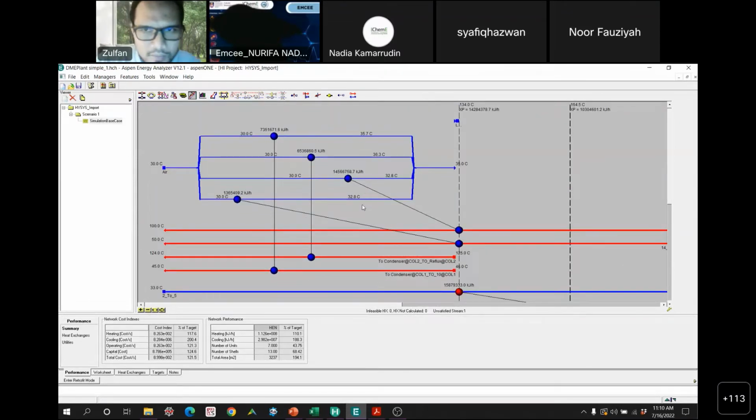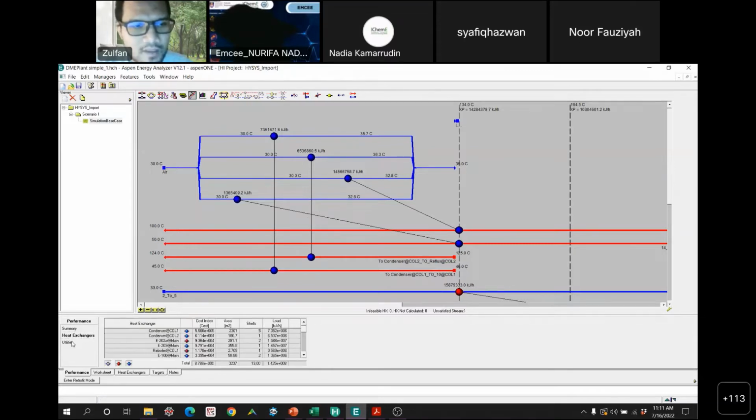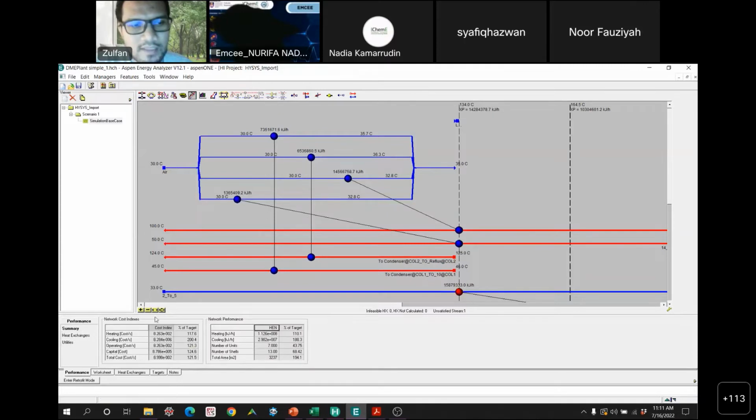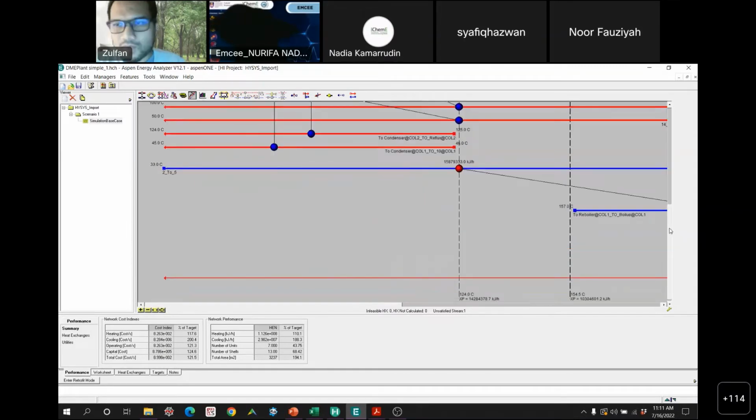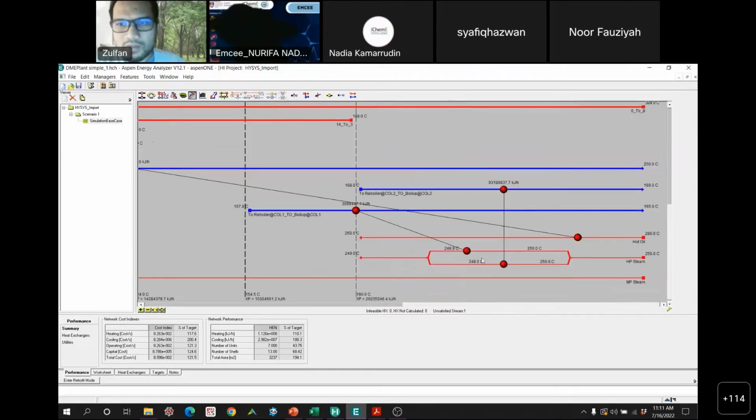You can see, for example, basically it has only one pinch point, but this energy analyzer takes into account, because I've defined here my utility, and that utility is taken into account, and they put this utility temperature.